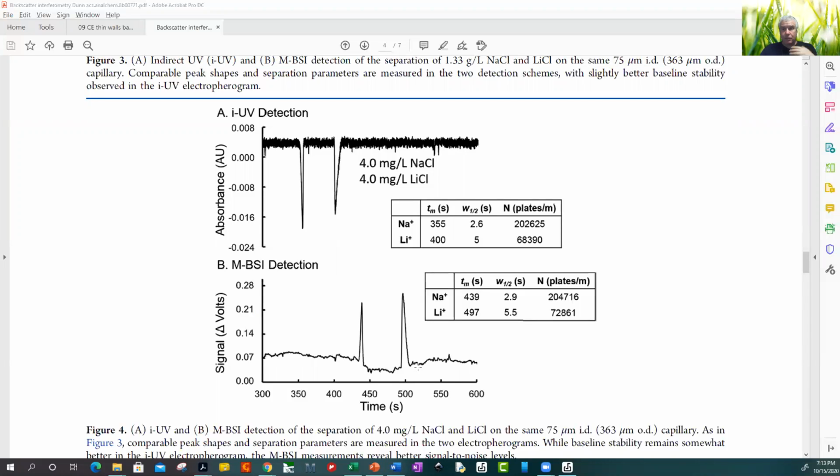It could be coming from the lock-in amplifier or something else. We don't really know for sure. But if this is something physical in the capillary, then what this is saying basically is that the refractive index has these oscillations, right? And that sodium and lithium have a higher refractive index than the buffer.